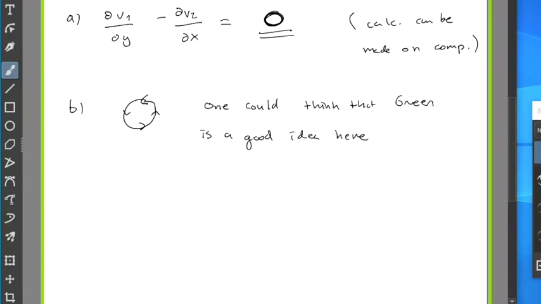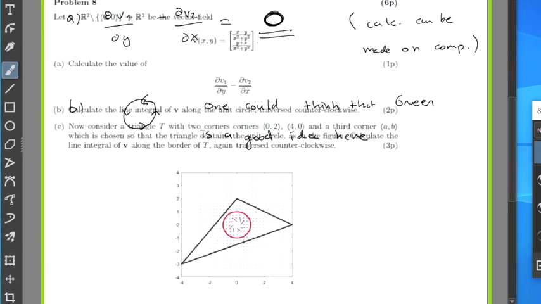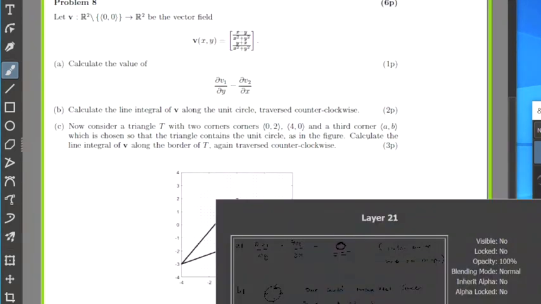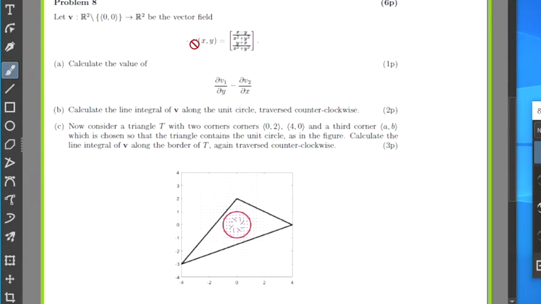However, we can't do that, because if we look at the formula for the vector field real quick, we see that we divide by x squared plus y squared. That means that the vector field is not defined in (0, 0). This is actually also explicitly pointed out here in the notation.